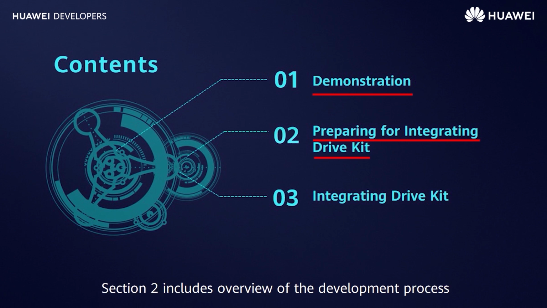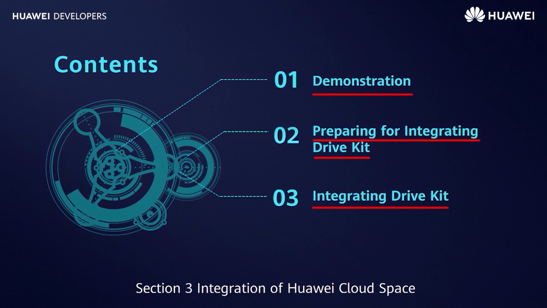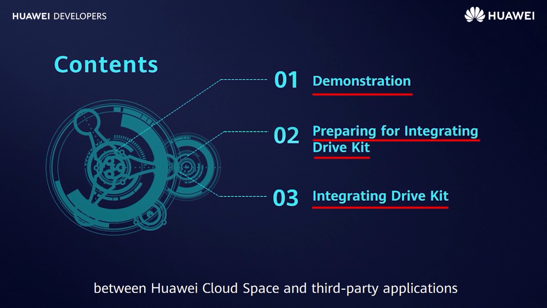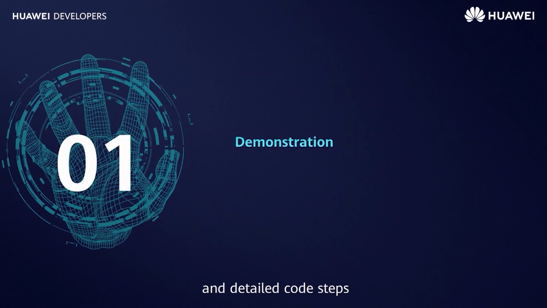Section 2 includes an overview of the development or integration and a detailed introduction to the steps before upload and all preparatory work before development. Section 3, Integration of Huawei Cloud Space. Section 3 mainly includes the video explanation of the interaction process between Huawei Cloud Space and third-party applications and detailed code steps.